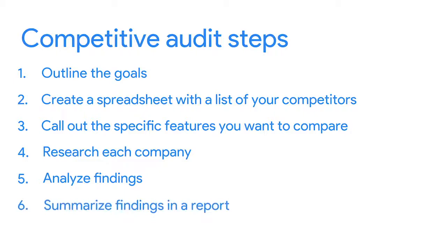Ask yourself, what are the similarities between you and your competitors? Is there a certain feature that your competitors all approach in the same way? Finally, summarize your findings in a report, providing clear explanation of your findings and what they mean for your design. Your report might be a slide presentation or a document. It's helpful to include screenshots and simple charts or graphics.